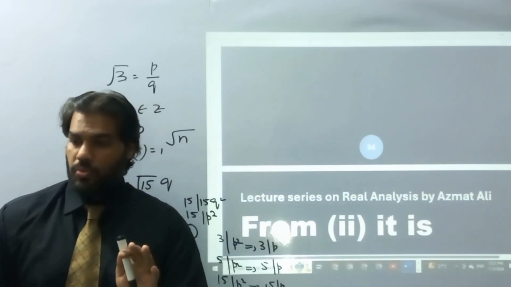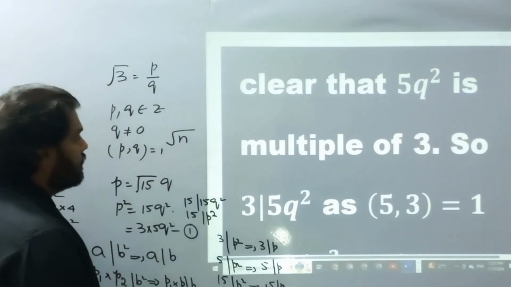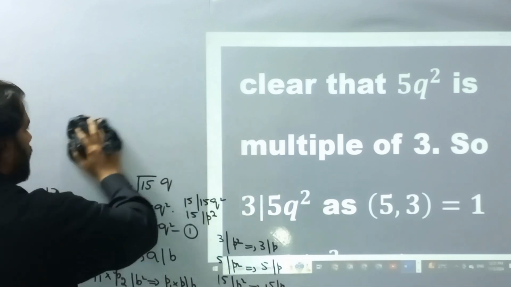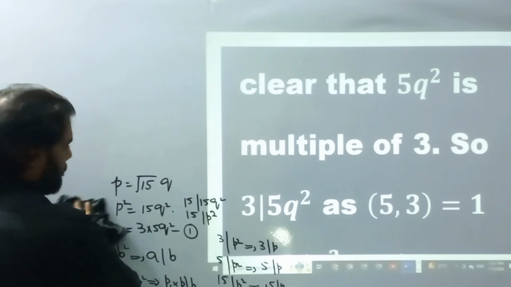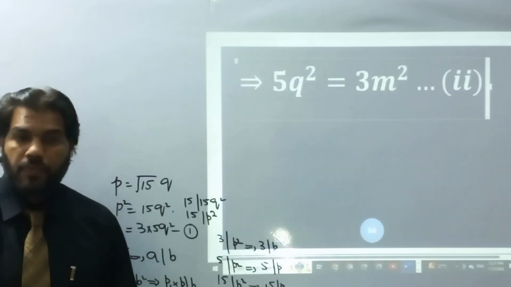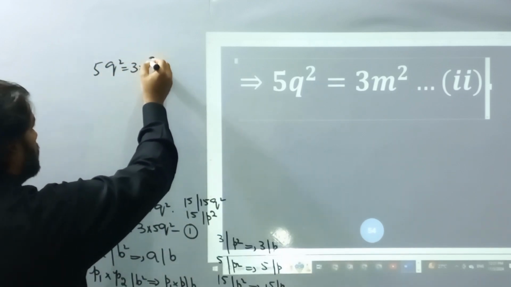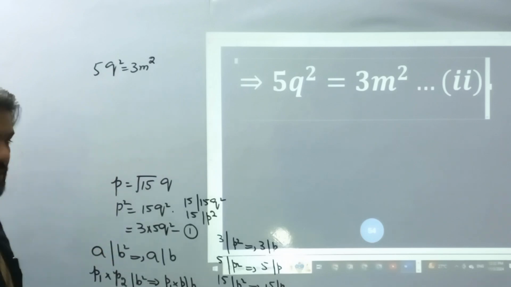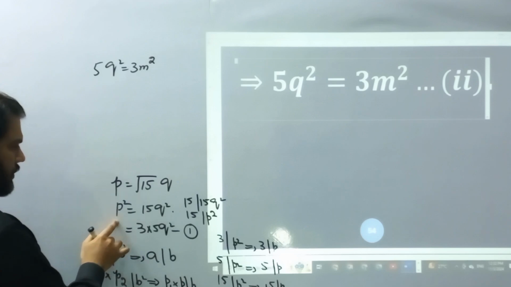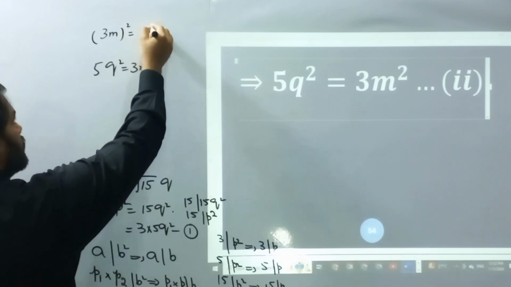So from equation number 2, what is equation number 2 here? I have equation number 2, 5q square is equal to 3m square, that I have obtained by putting p is equal to 3m in equation number 1. 3m whole square equal to 15q square.